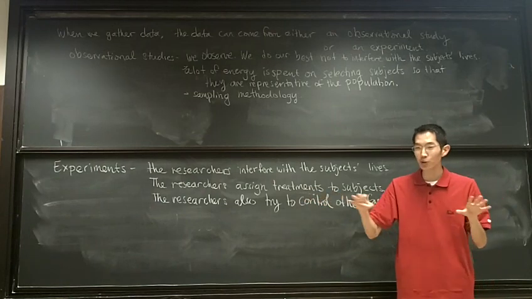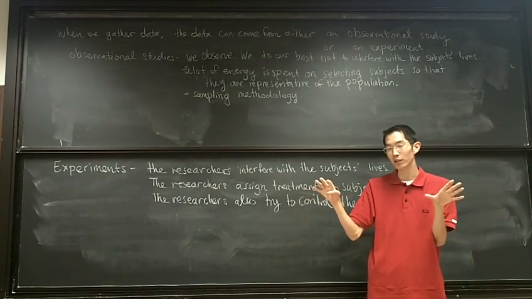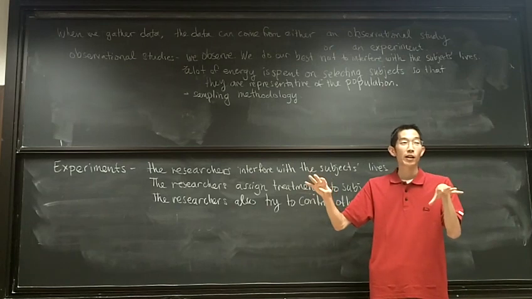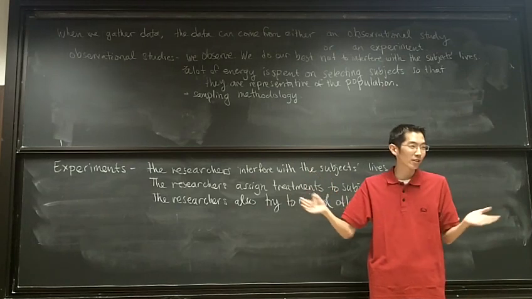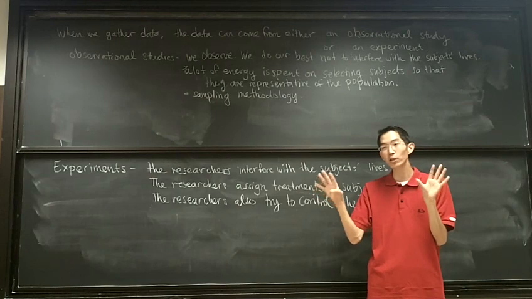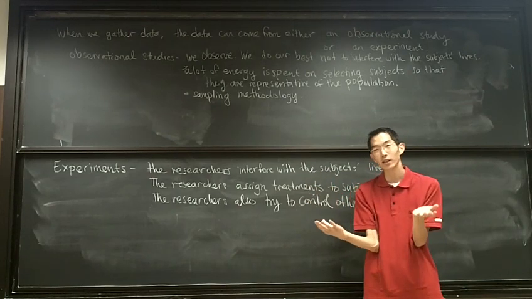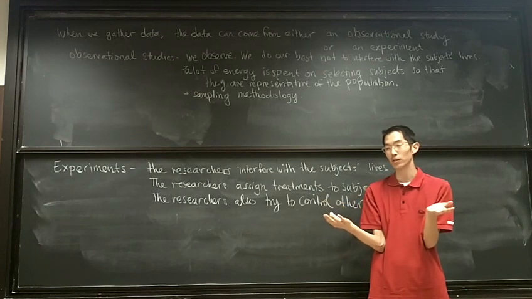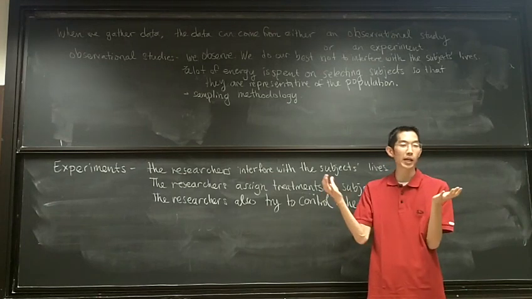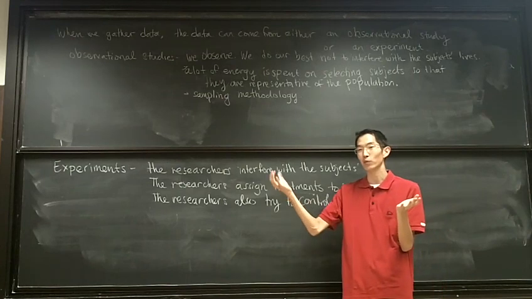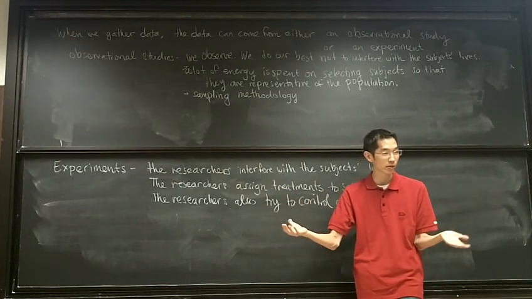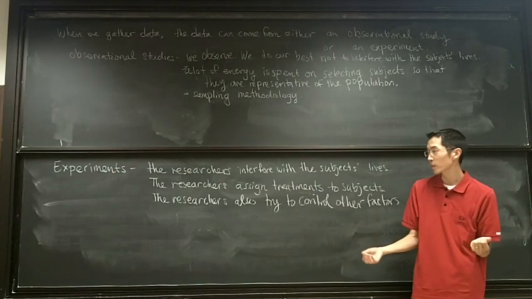They would try to control everything so that the conditions the two groups are living in are as similar as possible, so that if they discover any difference between the groups at the end of the experiment, that difference can only be attributed to the fact that one received the drug and the other received the placebo. Okay.